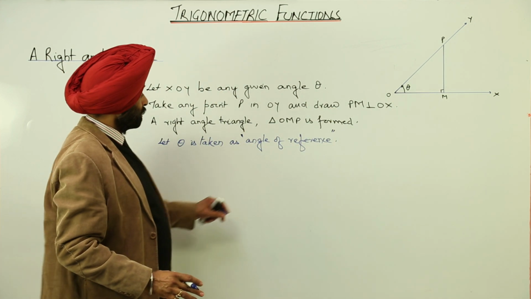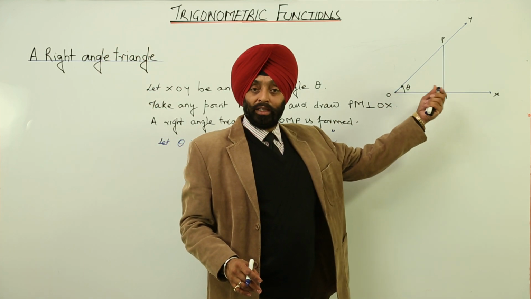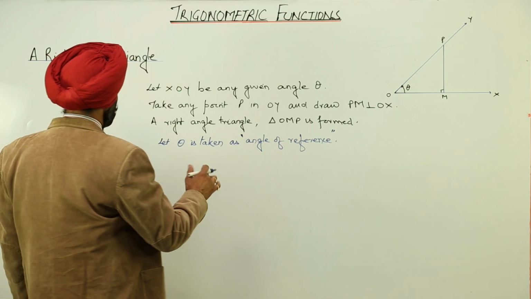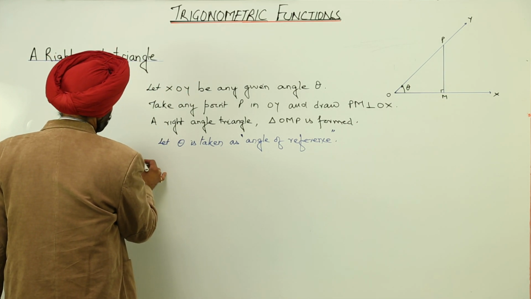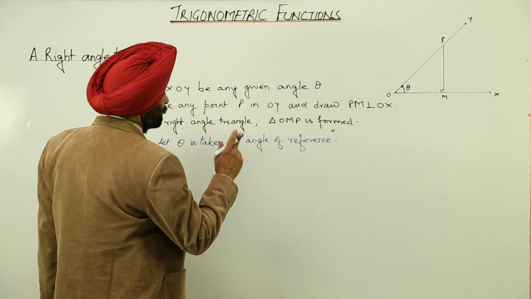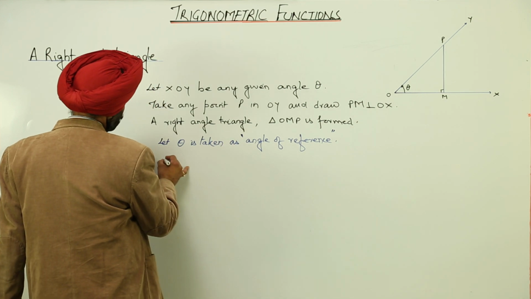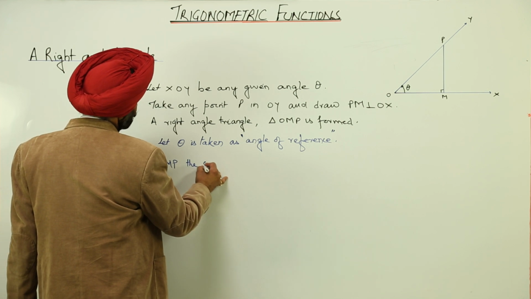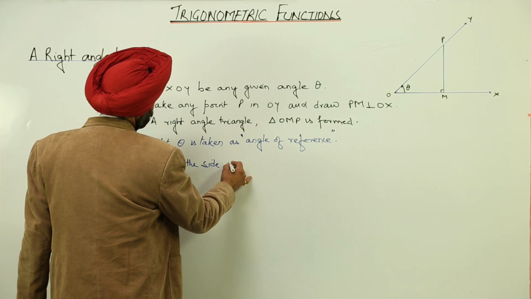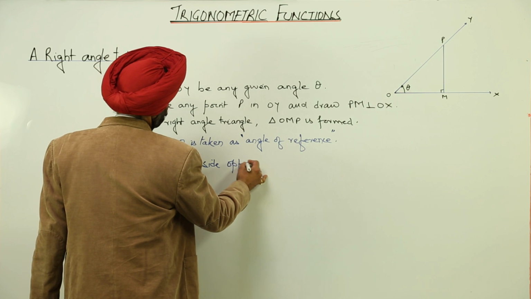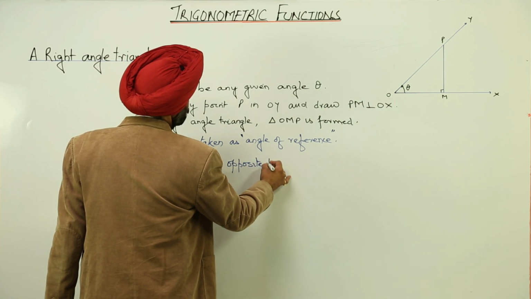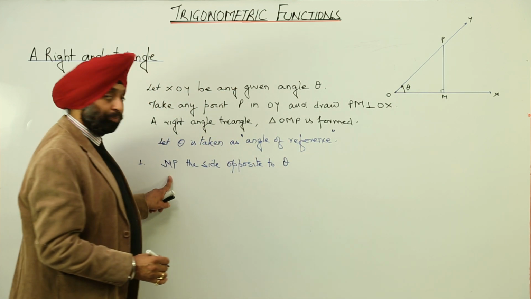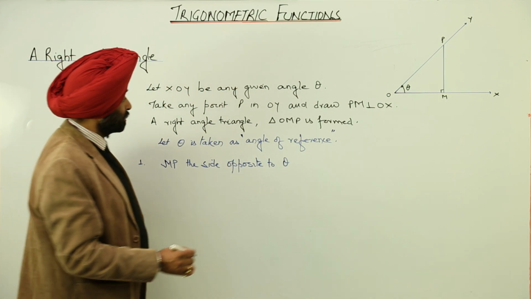Now, taking theta as the angle of reference, what are the sides? Number one, we have MP. MP is the side opposite to theta.